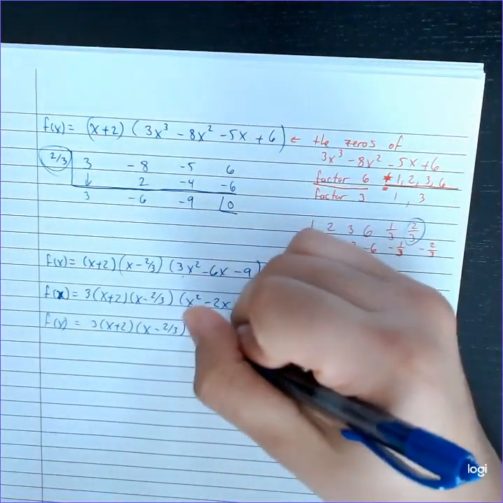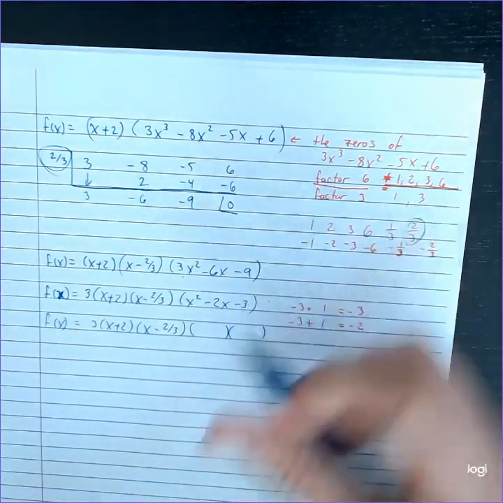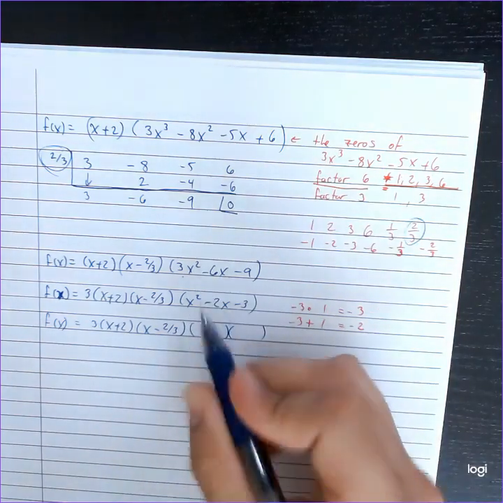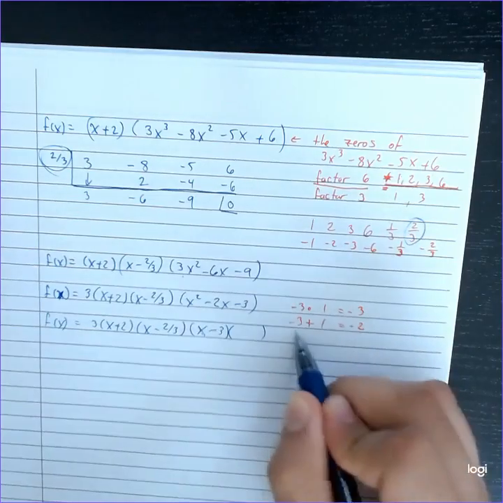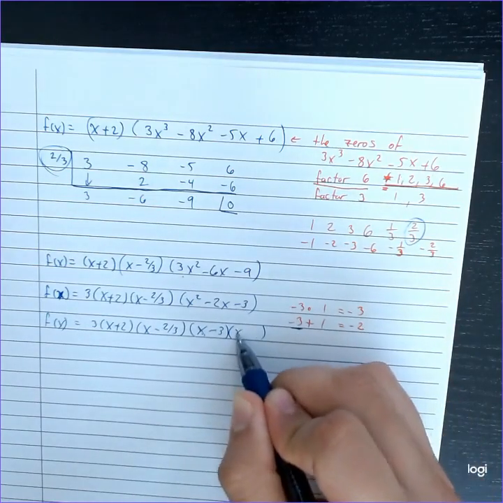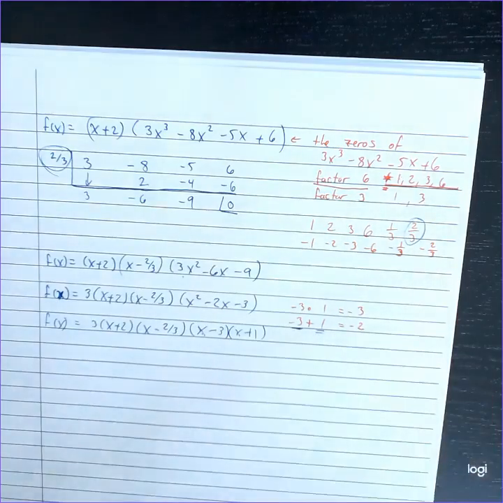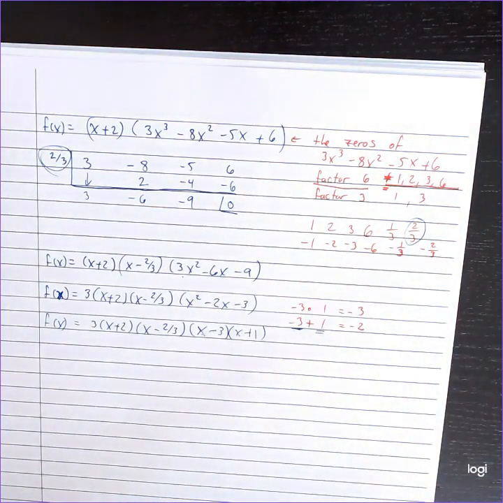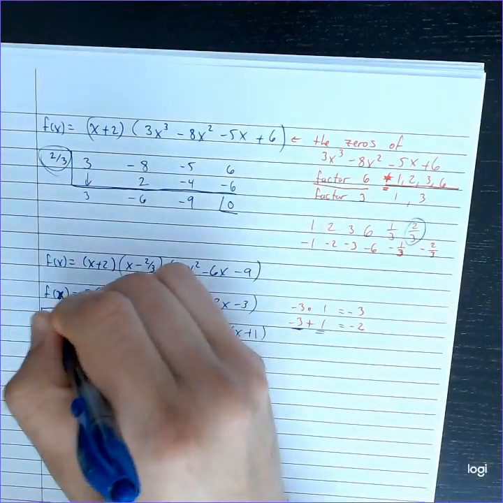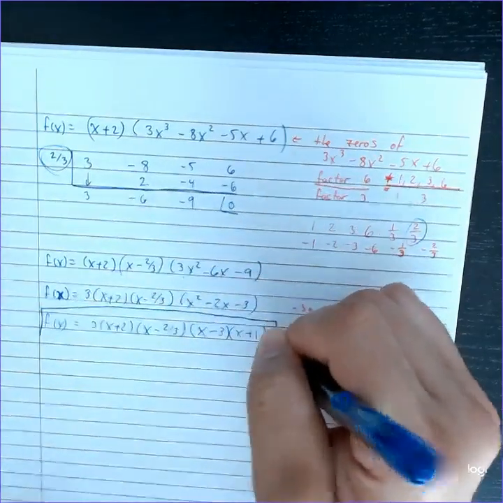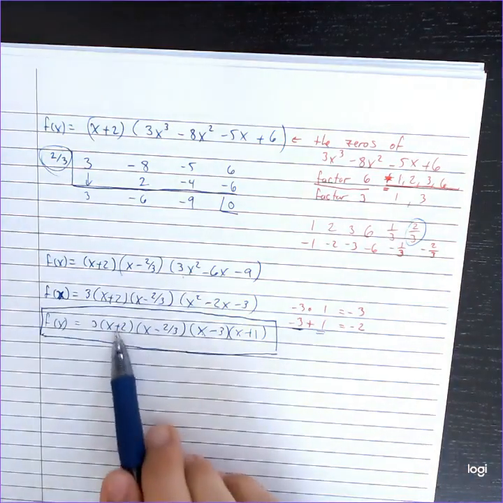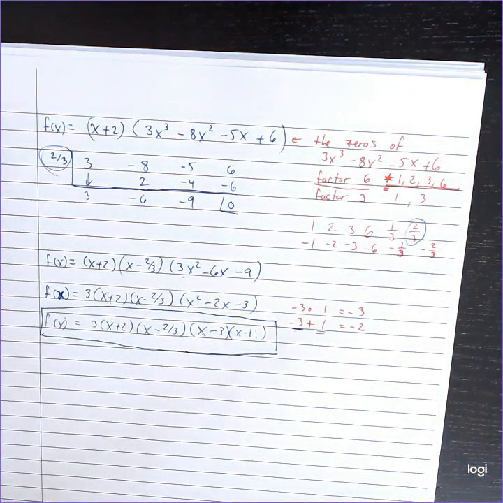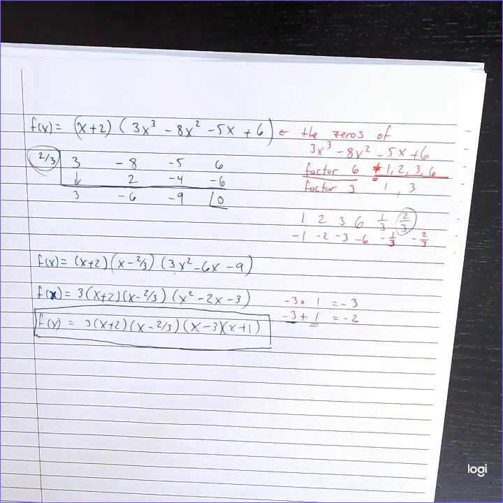So here, x squared minus 2x minus 3 will factor as x minus 3, because of that number, and x plus 1, because of that number. And you note that we have now completely factored our polynomial function. All of these are as simplified as possible, and nothing else will factor out any further.